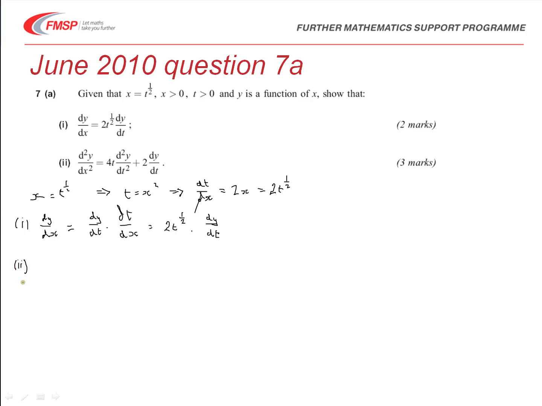Second part, now we want the second differential. We're requiring d2y by dx squared.